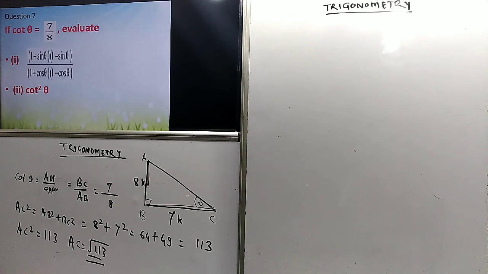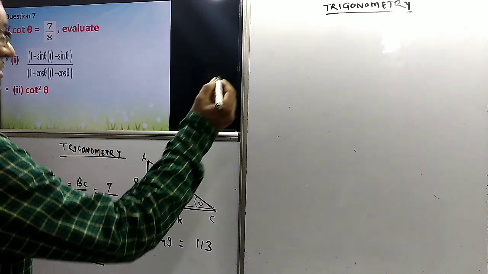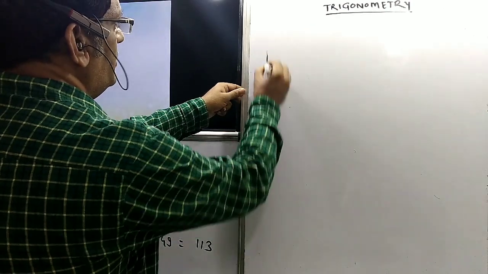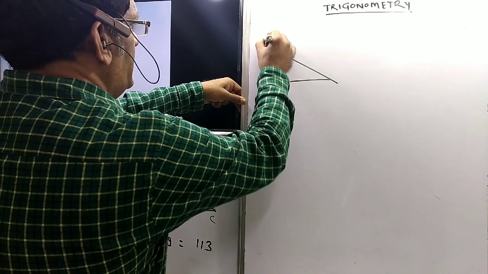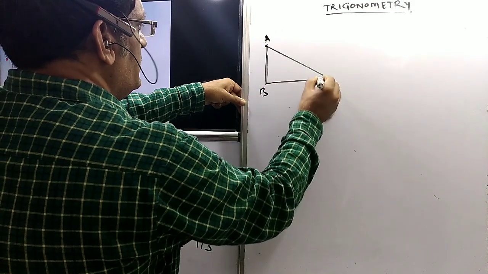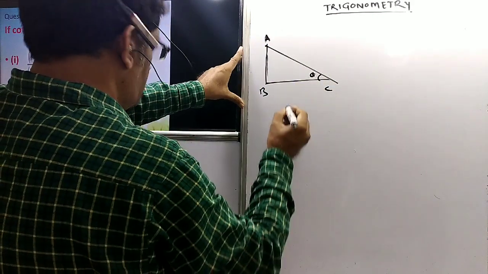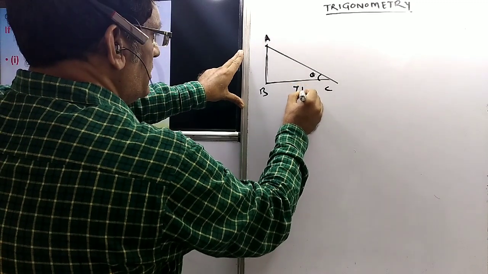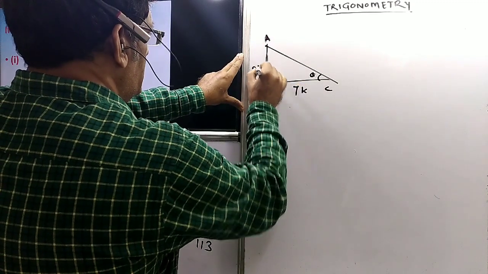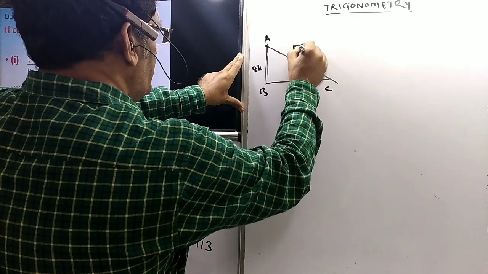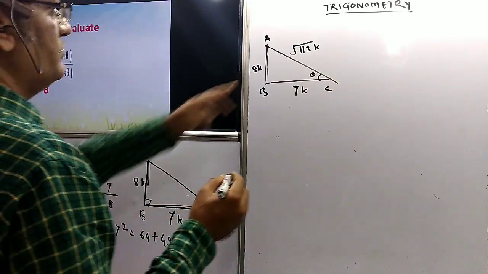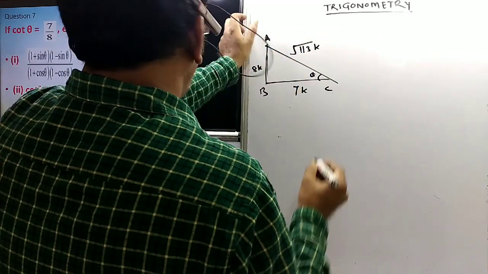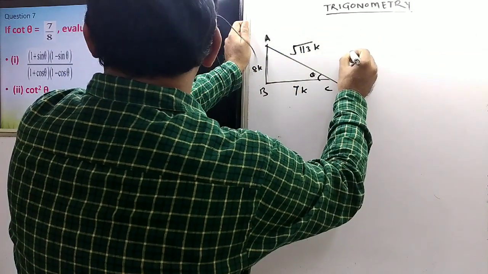What have we got now? We have got triangle A, B, C with this angle theta at C. This is 7k, this is 8k, and this is root of 113k. We have calculated this. Now first of all, what we have to find?